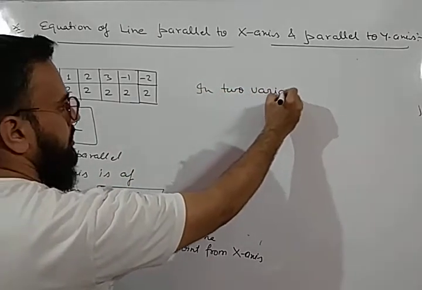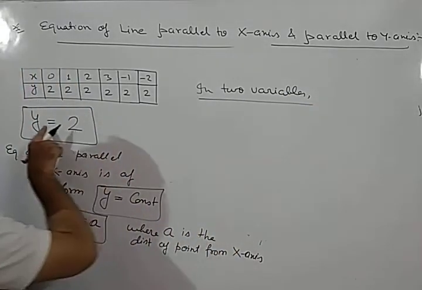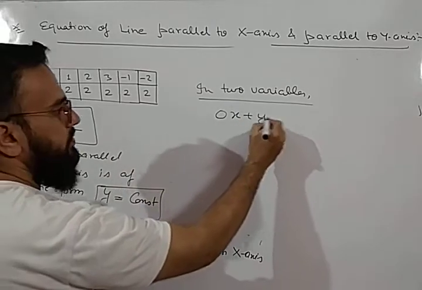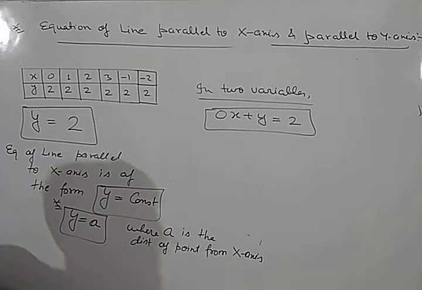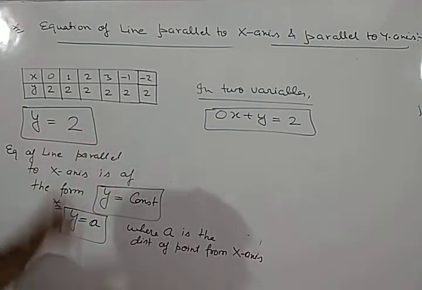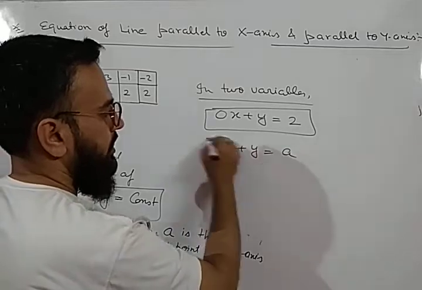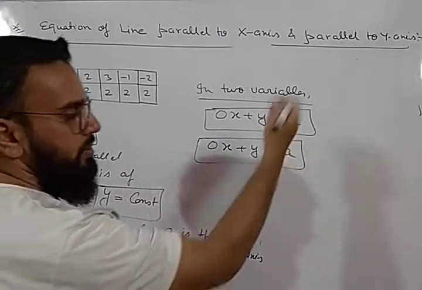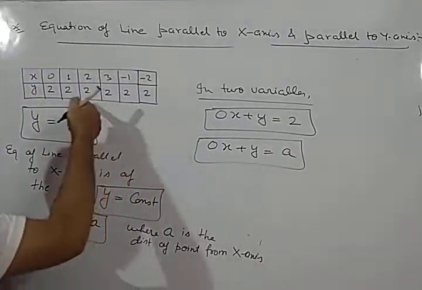In two variables it can be written as, because there is no x, 0x plus y is equal to 2. If the line is passing through 2, or in general we can write 0x plus y is equal to a, where a may be any number from where the line is passing, either on the positive y-axis or the negative y-axis.